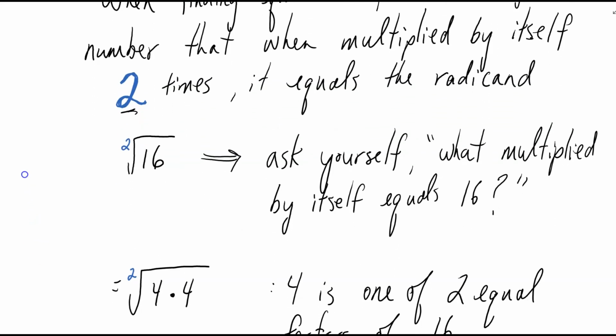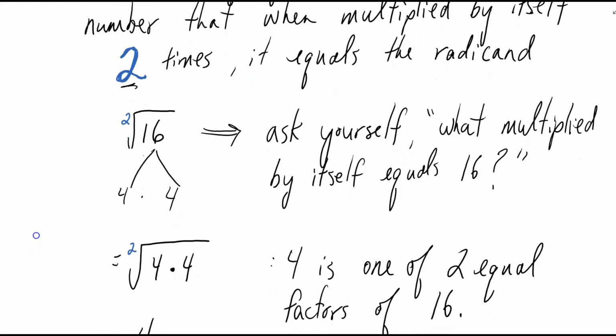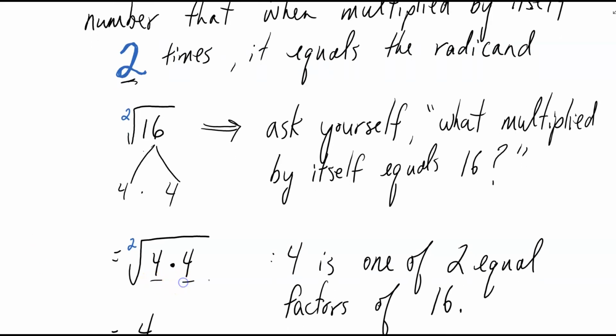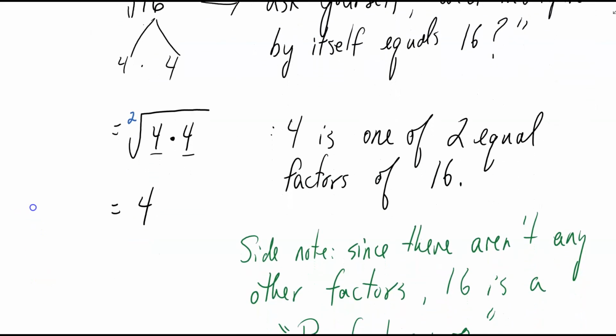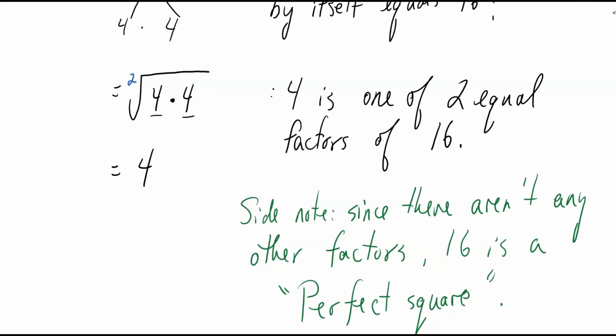And we can factor 16 into 4 times 4. And so the square root of 4 times 4, we can see there that we have 2 equal factors. And the square root is one of those 2 equal factors, which is 4. As a side note, since there aren't any other factors, 16 is called a perfect square.